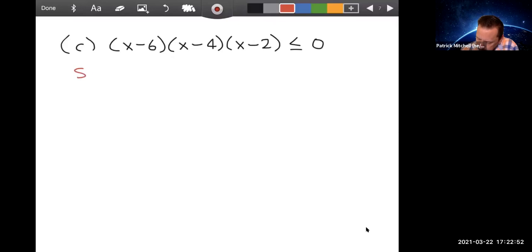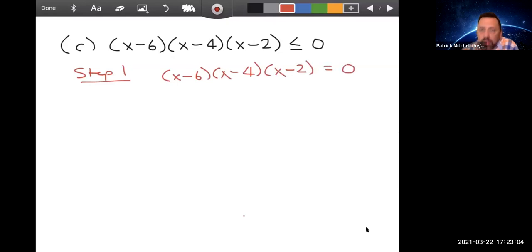All right, step 1, we solve the related equation, x minus 6 times x minus 4 times x minus 2 equals 0. The only way that x minus 6 times x minus 4 times x minus 2 can equal 0 is if x is 6, 4, or 2.